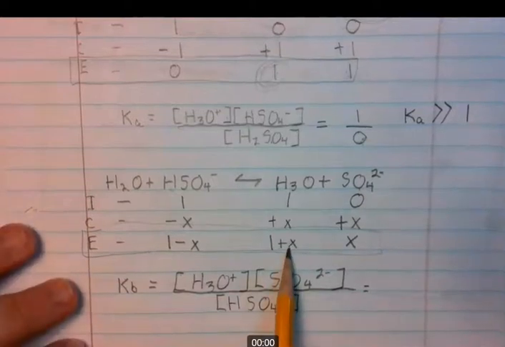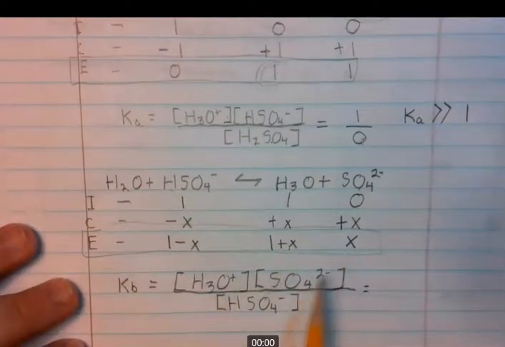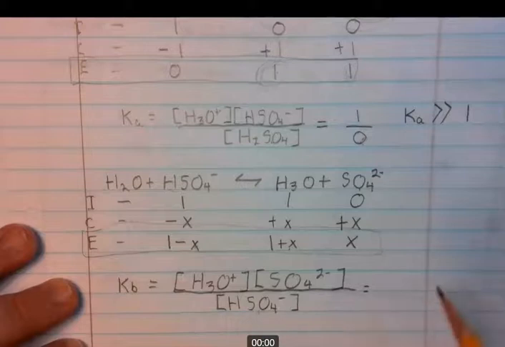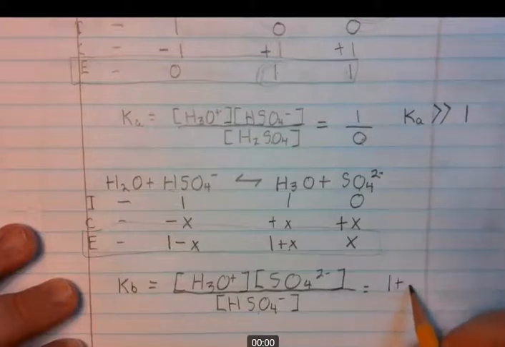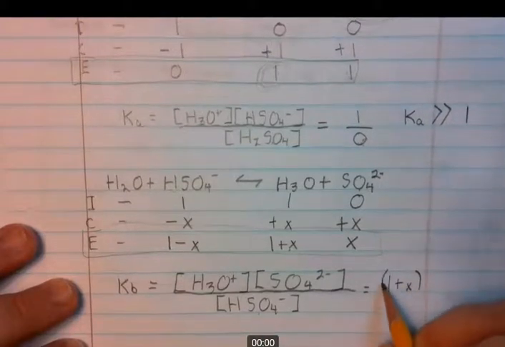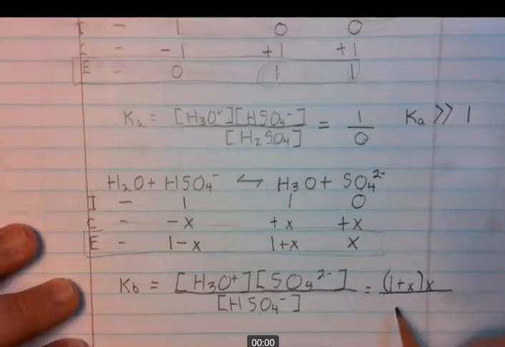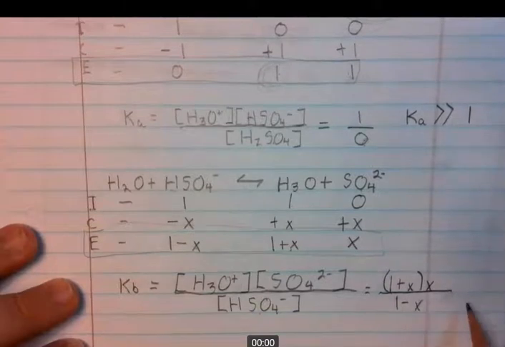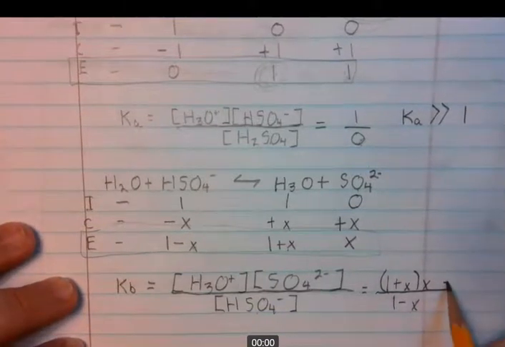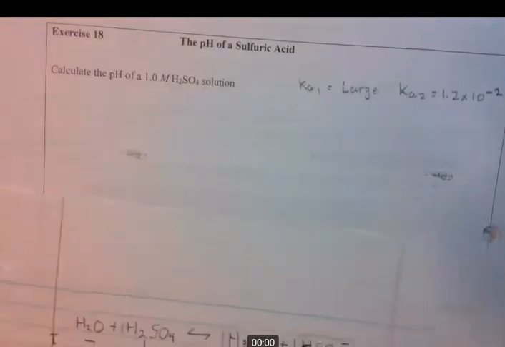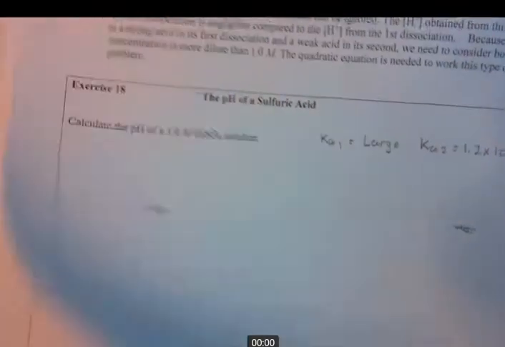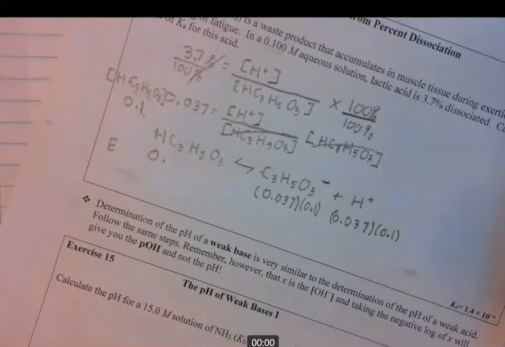And so we have this for the H3O, we have this for the SO4, and then we have this for the HSO4 minus. And that is going to equal the number that they give us back here on the previous page from this table. Let's look at this.